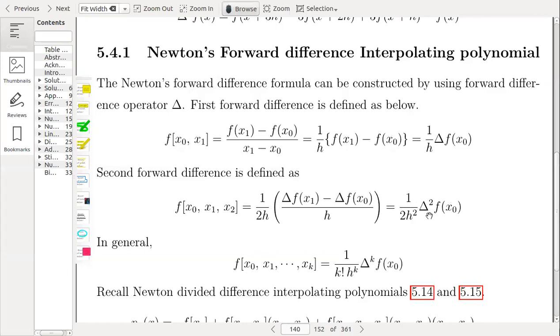So here is delta square and here is h square. So these two parts are the same. So it means we can write even delta k and h power k. Similarly, this 2 factorial is also equal to the power. So here we can write this k factorial. So it's not difficult to generalize these forward differences.